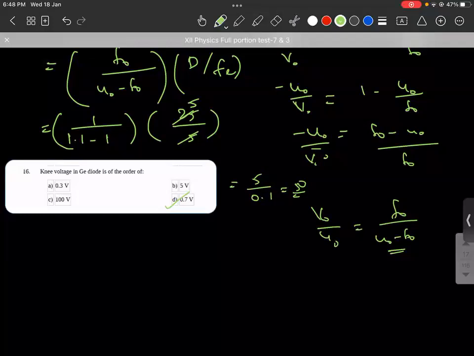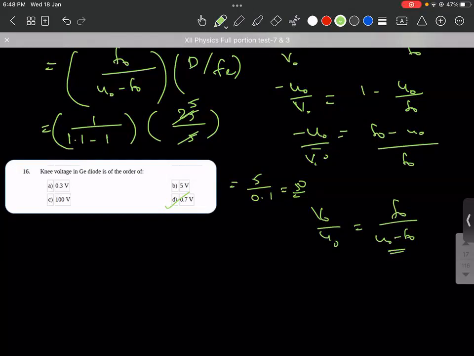Sorry, I read the question wrong. So for germanium, it is 0.3 and for silicon, it is 0.7.